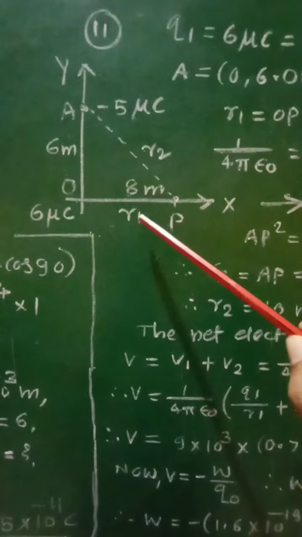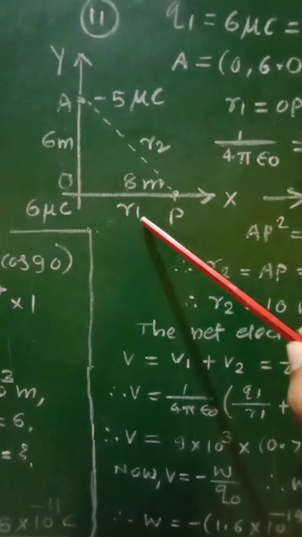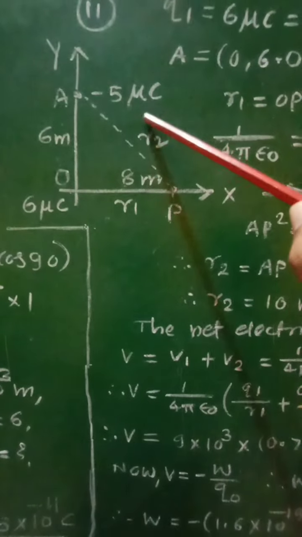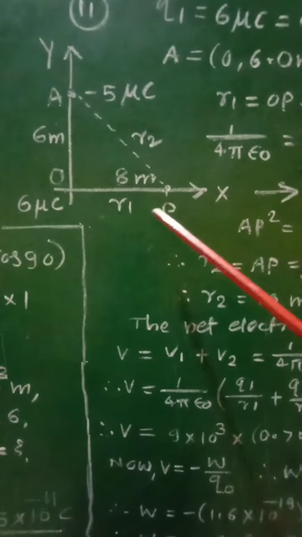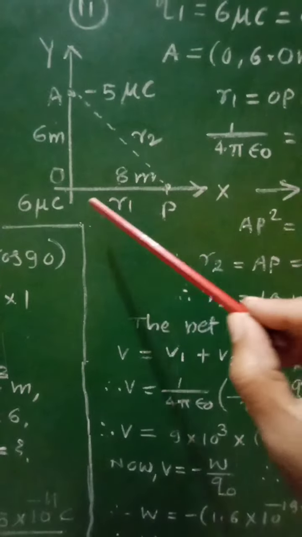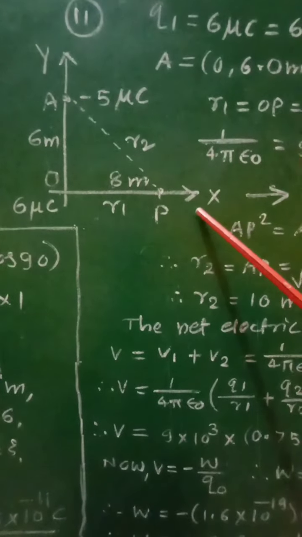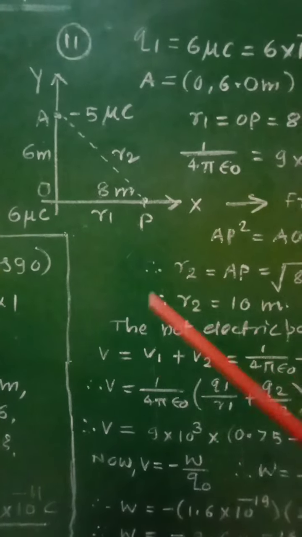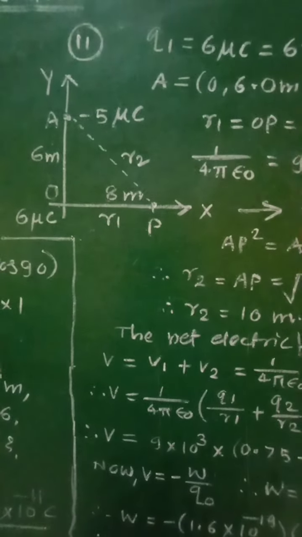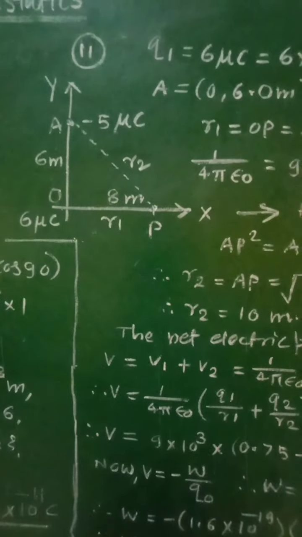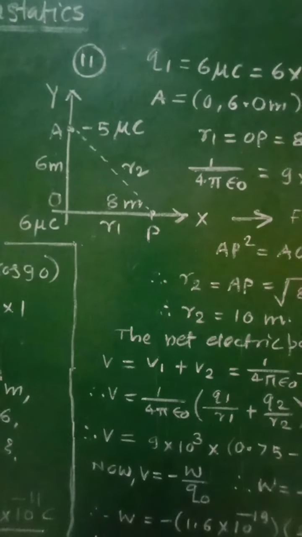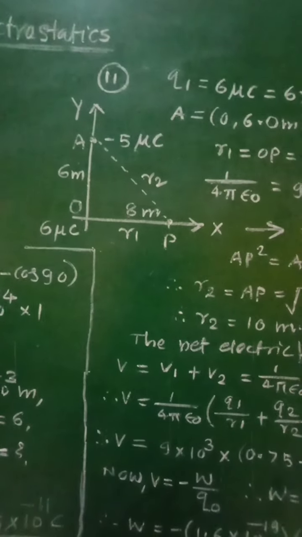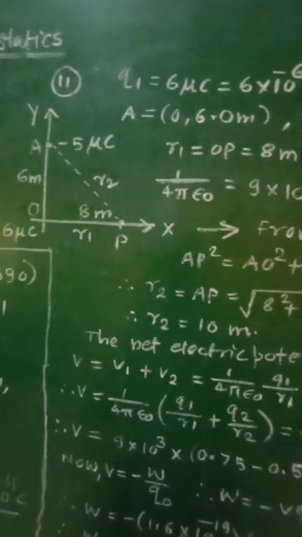Point P has distances R1 and R2 from the 6 microcoulomb and minus 5 microcoulomb charges, and is at a distance of 8 meter from the origin along the x-axis. At that point we will have to find the electric potential, and at last the total potential phi.